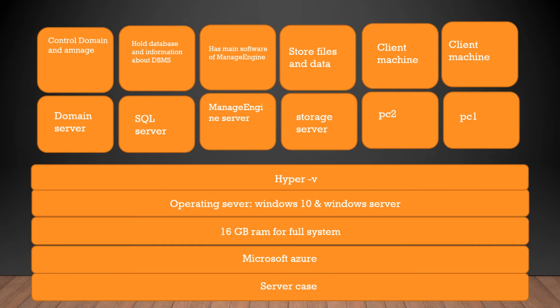And for the virtual machines, we are using Hyper-V. And I have created a domain controller, domain server, SQL server, Manage Engine server, storage server, and two clients, which are PC1 and PC2.